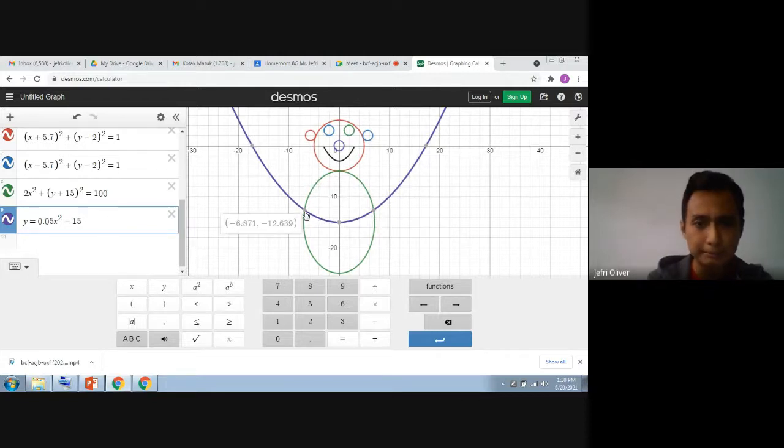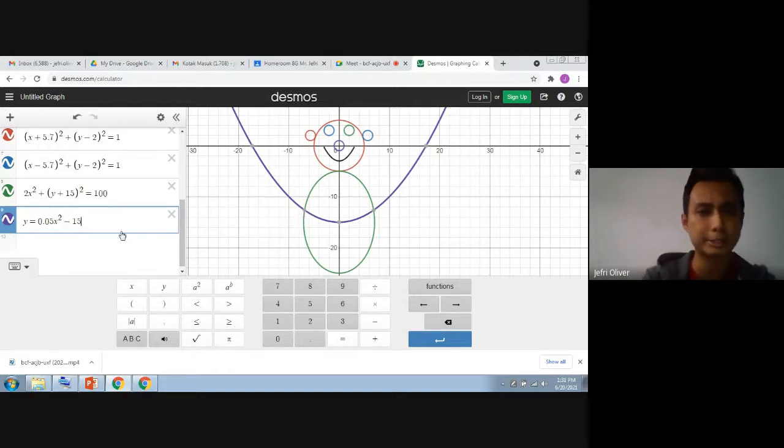If you look here, the intersection point between the graph of this parabola and the ellipse is (-6.871, -12.639). And then, if I want to remove this part, that means keeping y greater than -12.639.